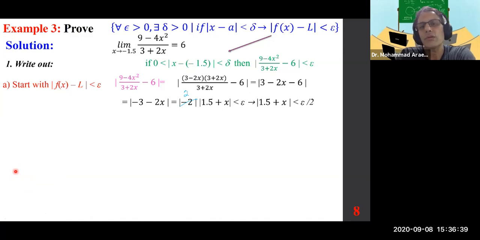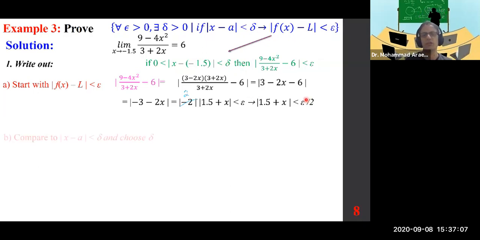So what I want you to do, compare this one, 1.5 plus x less than epsilon over 2, to the very first one, x minus 1.5 less than delta. I hope you see they are identical. That's x plus 1.5. That's the same thing. So delta must be the same as epsilon over 2.